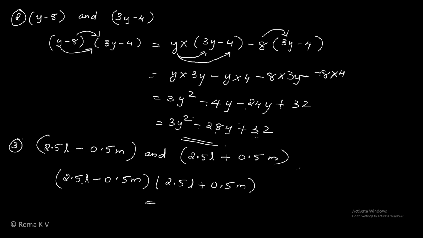See, here in this one, two terms are there. The first one is 2.5 L and the second term is minus 0.5 m. So this is a binomial. The second expression is 2.5 L plus 0.5 m. That is another binomial. So we have to multiply the first term by the second expression, that is 2.5 L into 2.5 L plus 0.5 m.